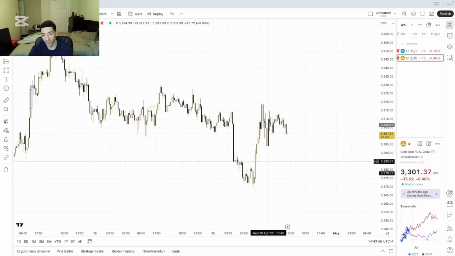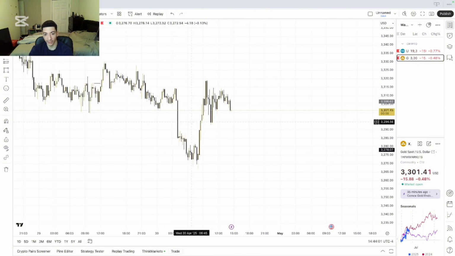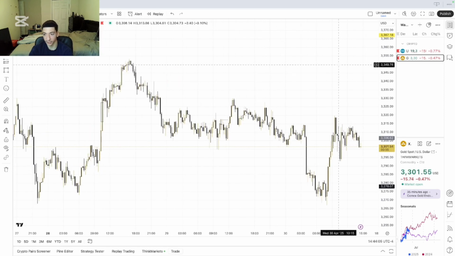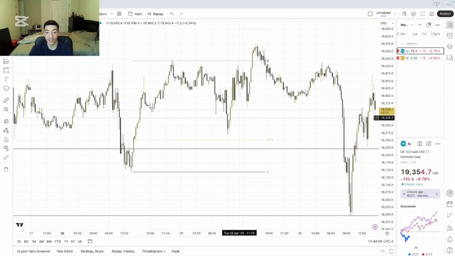But then price has just been moving pretty weird for me. Then we came back up. It's just all over the place, not price action I'm willing to take a trade on with my new funded account. Even here, this is pretty similar. It came close to my 71%, kind of like the gold trade.